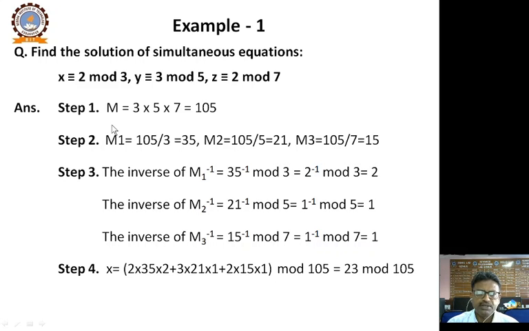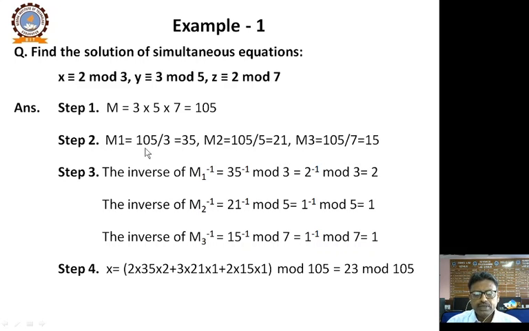So the first step is to calculate capital M, the common modulus, which is the multiplication of all moduli, that is 3 into 5 into 7, which comes to 105. Then step number 2 says to find the value of M1.